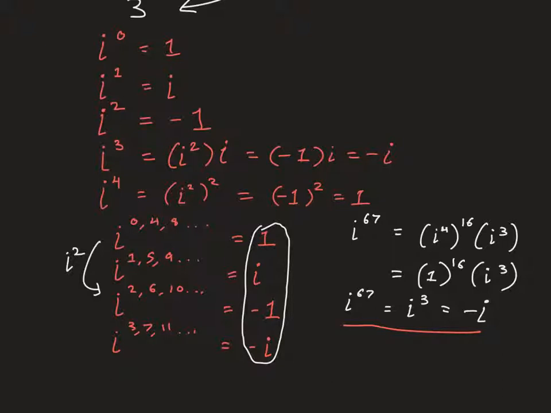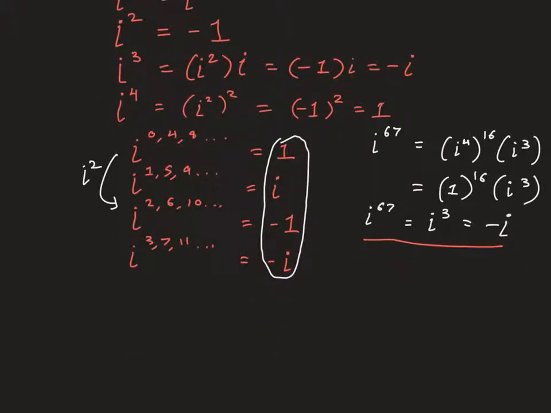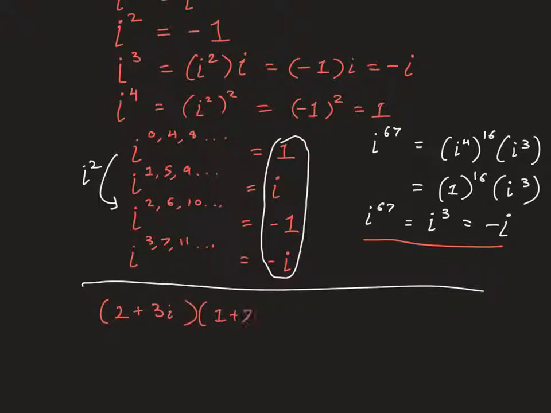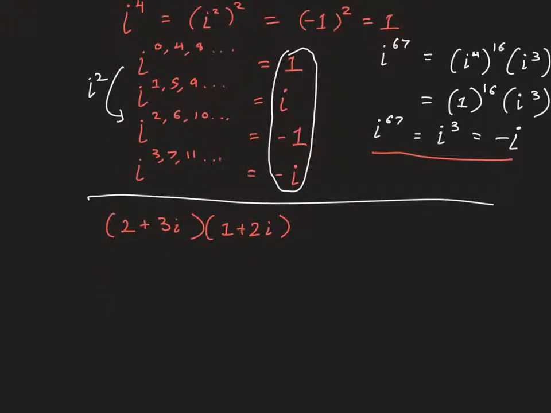Okay, so now let's move on to multiplying complex numbers. Let's say you have the complex numbers 2 plus 3i and 1 plus 2i. So again, you just treat i kind of like a variable. So we FOIL and we get 2 plus 4i plus 3i plus 6i squared.